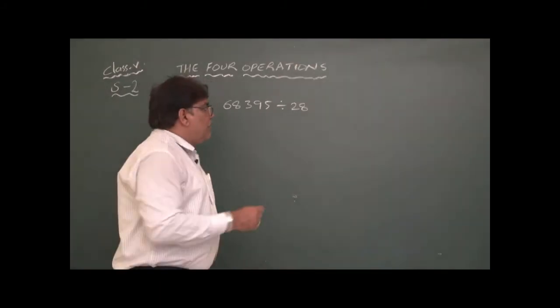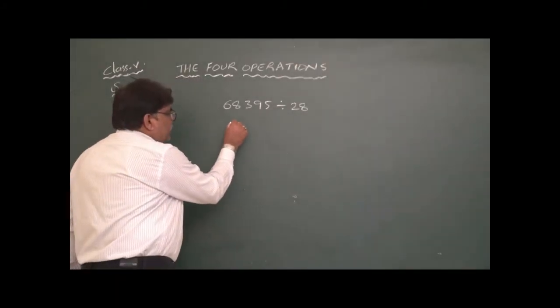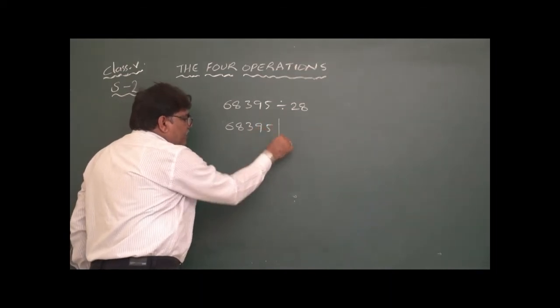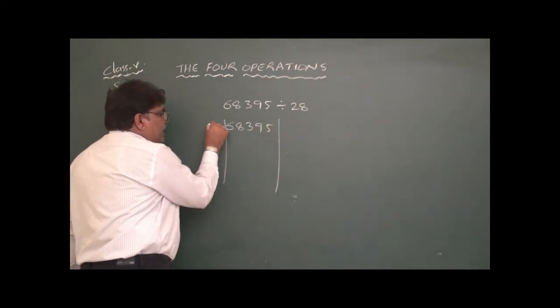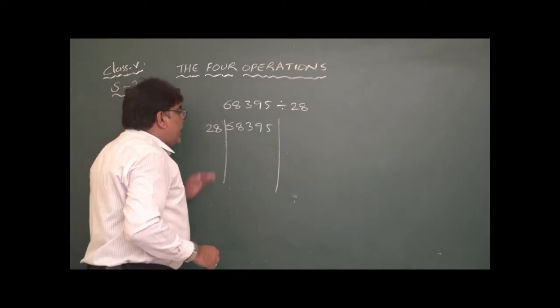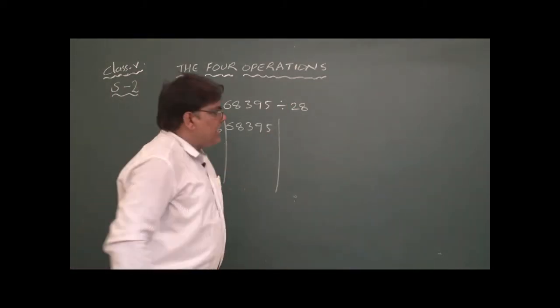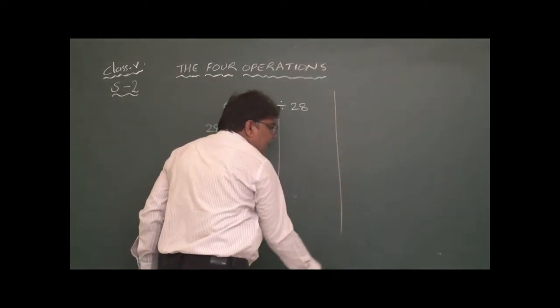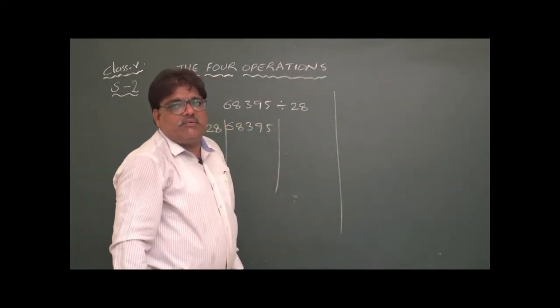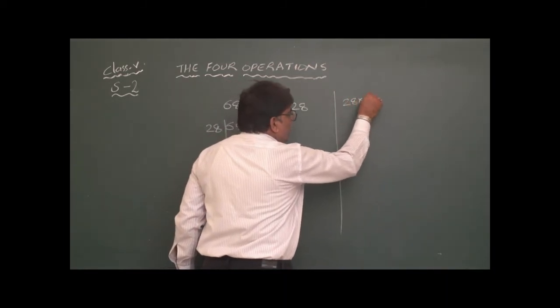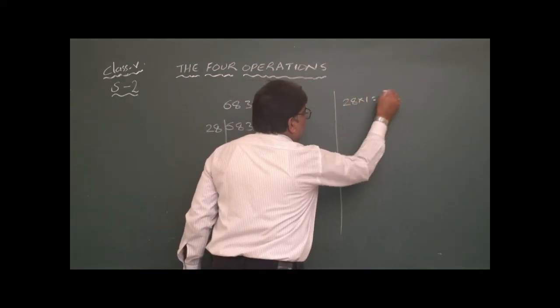Here also, while doing the table for 68395 divided by 28, how many times do you get 28? Instead of this, in the rough column, make an adding table. Then you will get it easily. That is 28 into 1, 28.